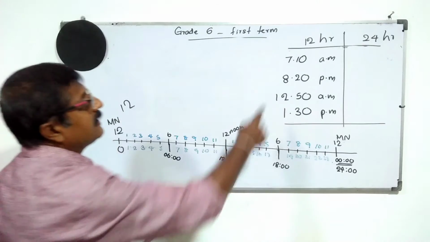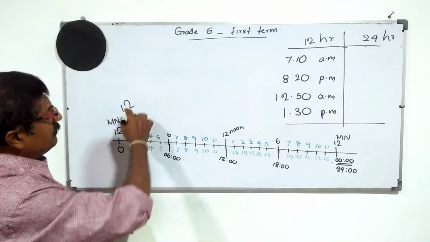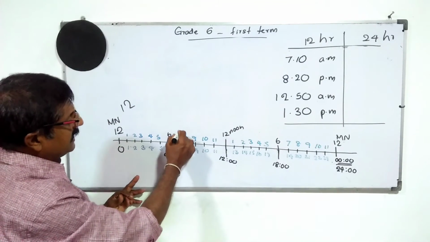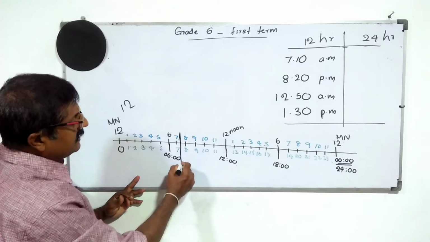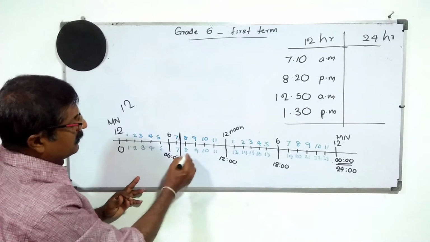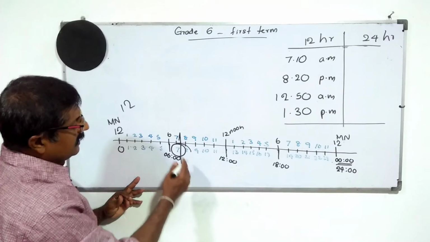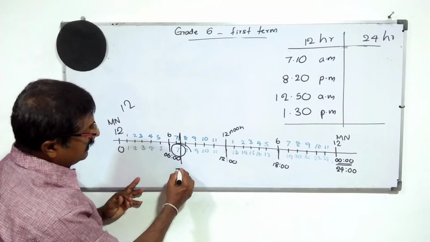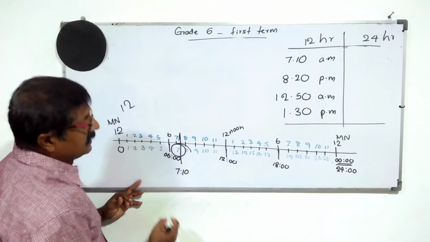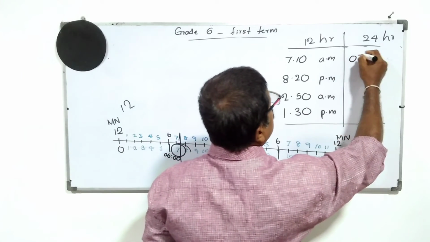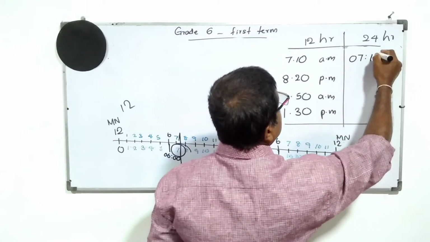Now, 7:10 a.m. is in the 12-hour format. What is the 24-hour format? It lies here, below the line. That is 07:10, with a colon.